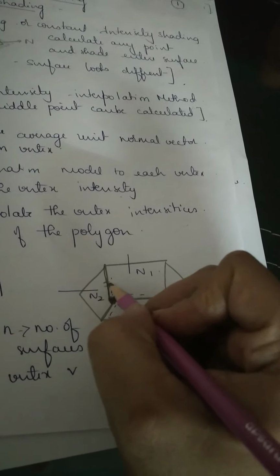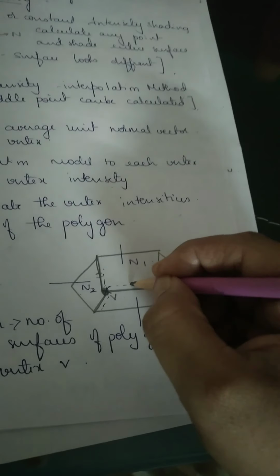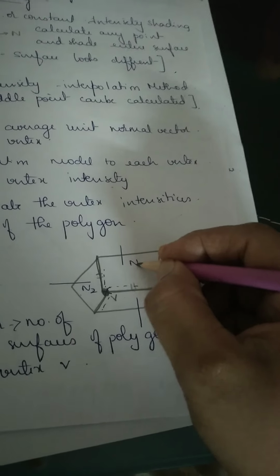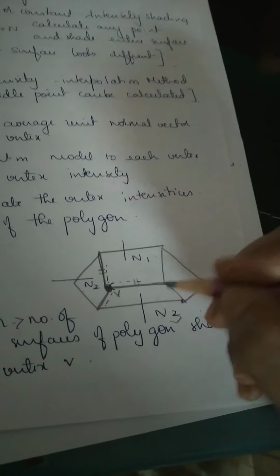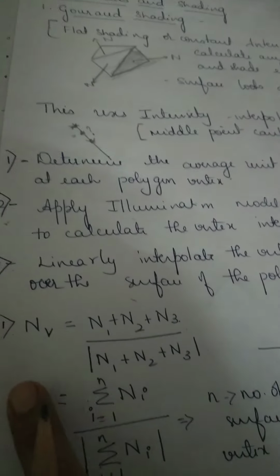Now this edge belongs to this surface, and this edge belongs to the N1 surface. N3 includes this edge and this one edge. Right? So, I need 3 normal vectors of 3 different surfaces.